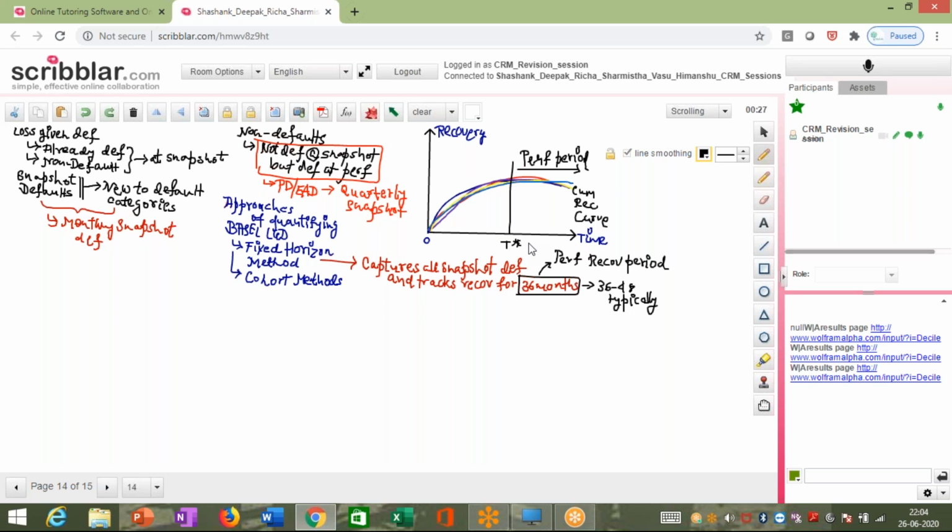Now, if the recovery process is incomplete, then I need to extrapolate it.